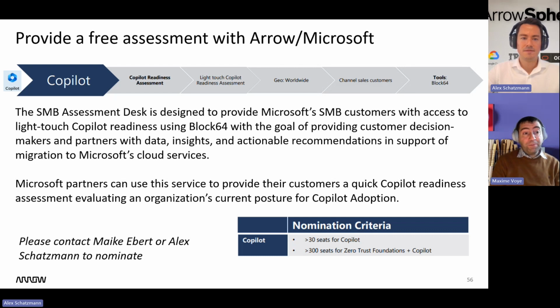Microsoft pays some people inside the Microsoft team, the SMB assessment desk, to provide Microsoft SMB customers access to a light-touch Copilot readiness assessment. It uses a software called Block 64, and this software provides the customer decision maker and partners with a lot of data, insight, and recommendations to support the migration to the Microsoft Cloud Services.